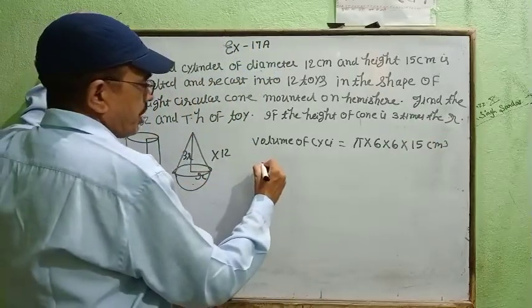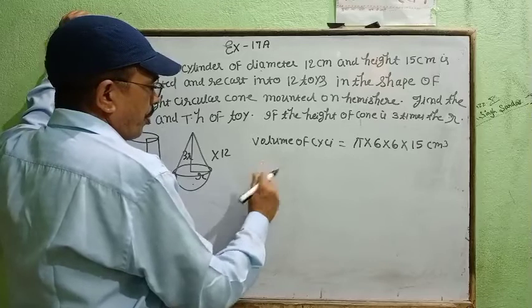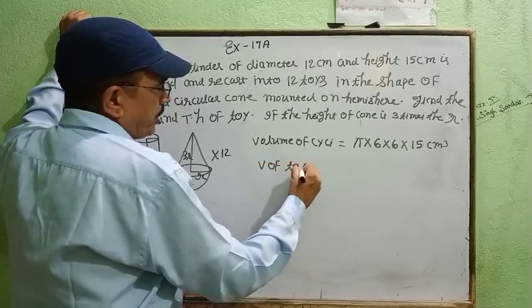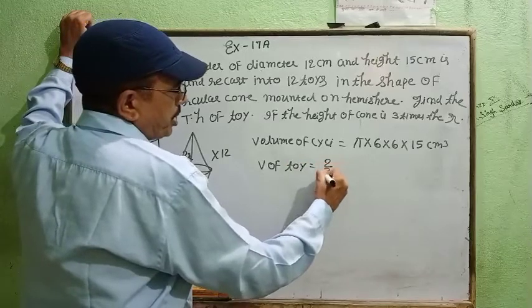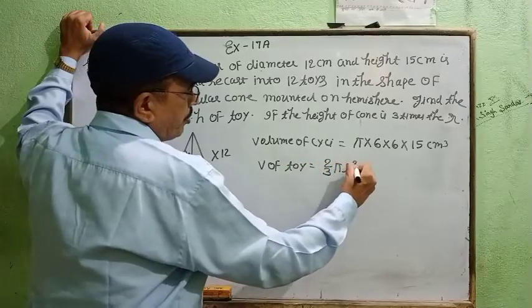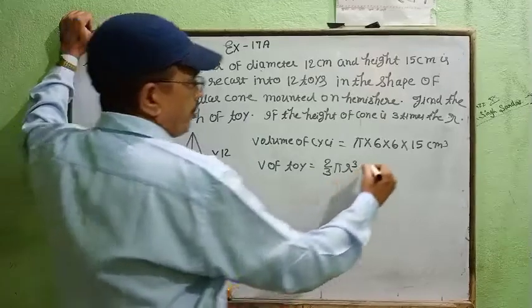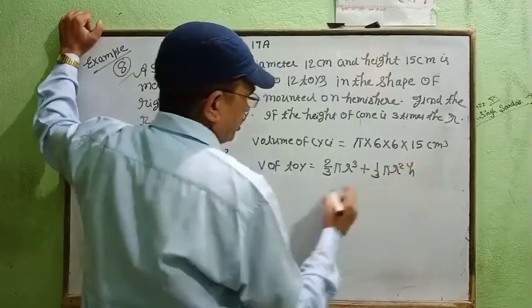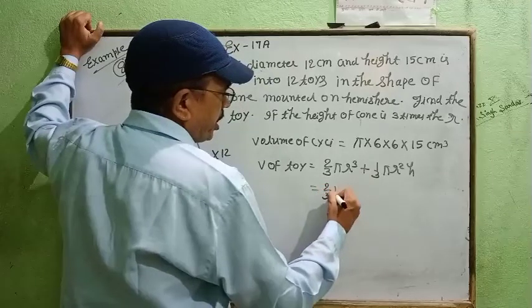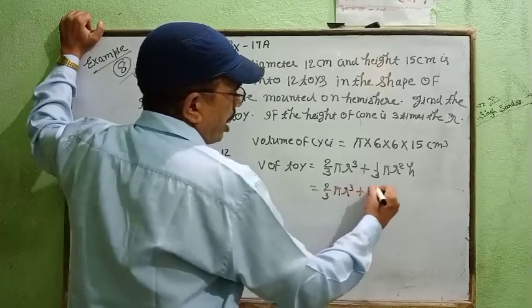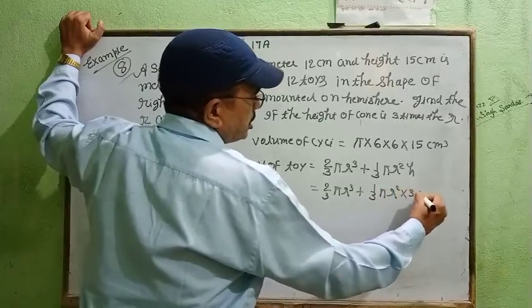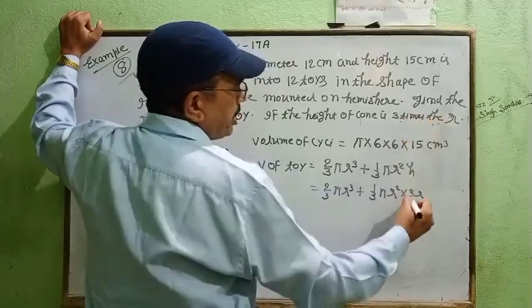Now the volume of the toy. This is 2 by 3 pi r cube plus 1 by 3 pi r square h, and this h is 3r because we are given 3 times.